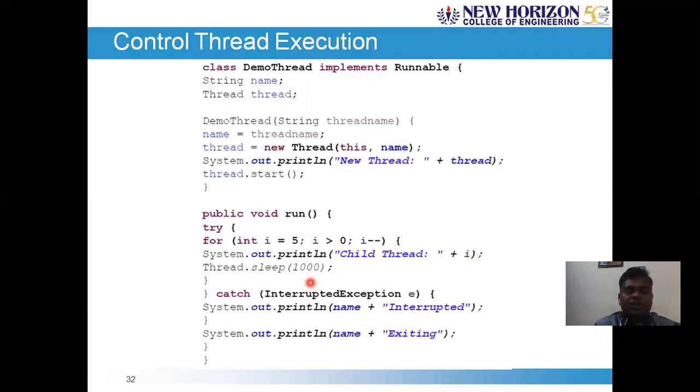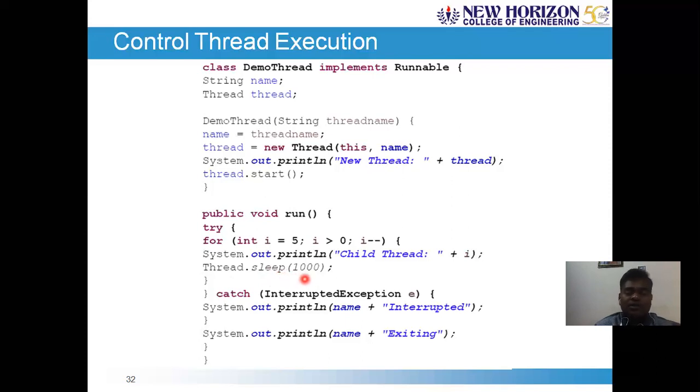Why we should make a thread sleep for some time is to notice the flow of execution of the program, how exactly the values are printing at the console. In order to understand that, we can make a call to the sleep method, sleep of 1000.